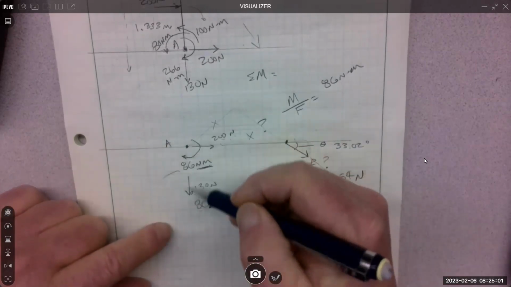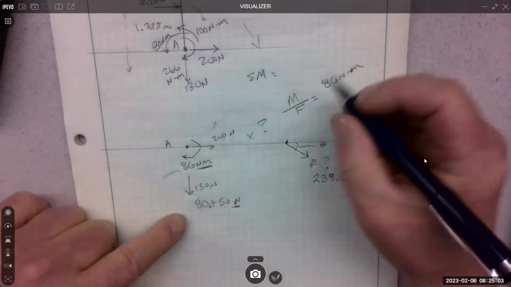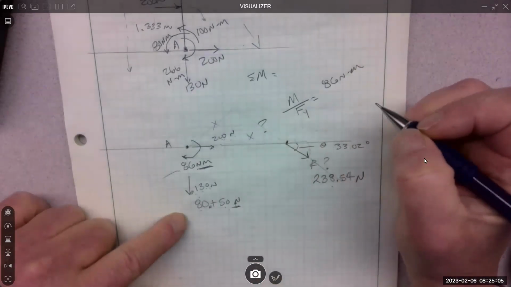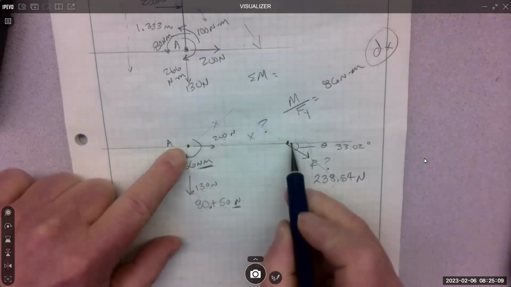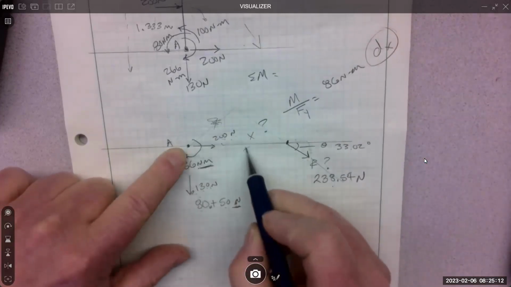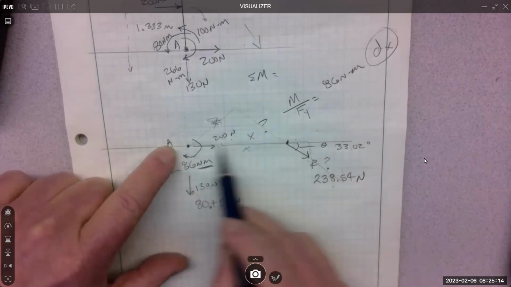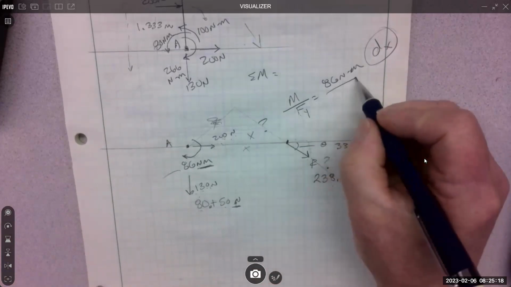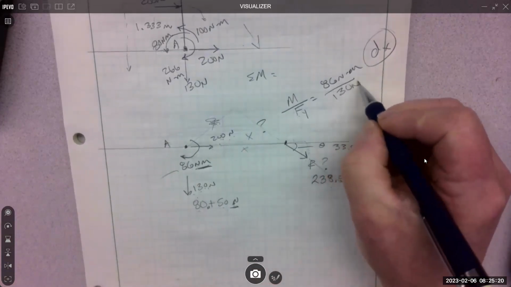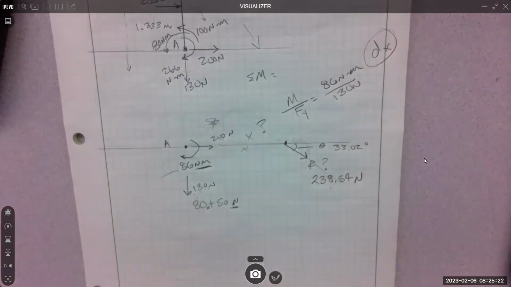Yeah, the Y force. So if you divide by the Y force, you get an X distance. And that's what we want, not that X, we want this nice X distance. So we divide by the Y force, 130 newtons. That's the Y force.